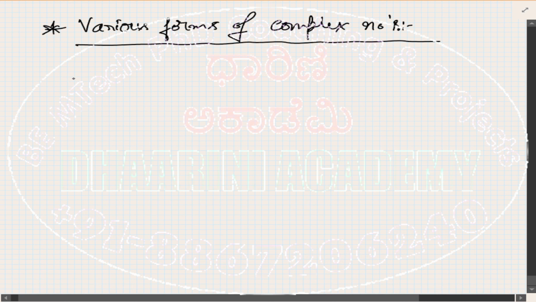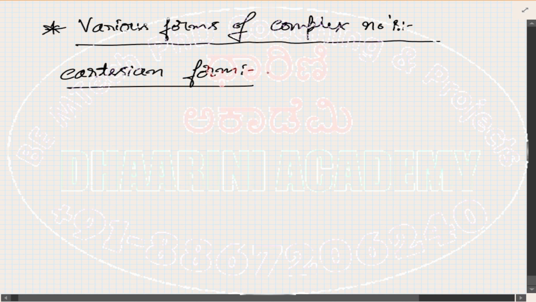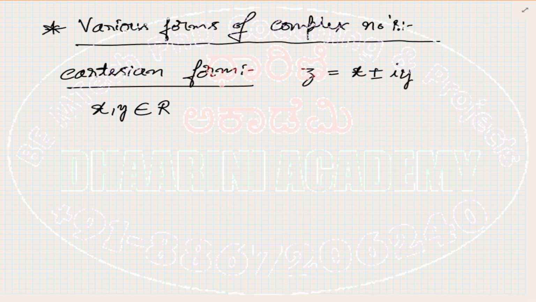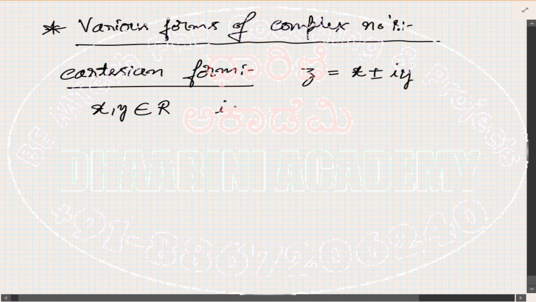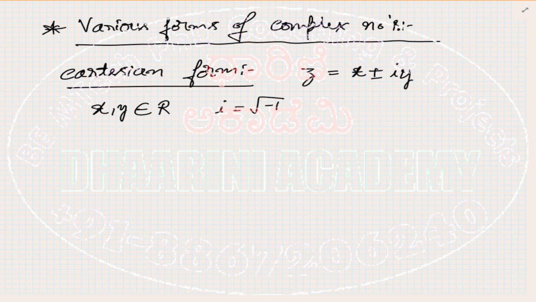This is called the Cartesian form. If we see z is equal to x plus or minus i times y, where x, y belong to the class of real numbers, then we call this the Cartesian format, and i is equal to root of minus 1.